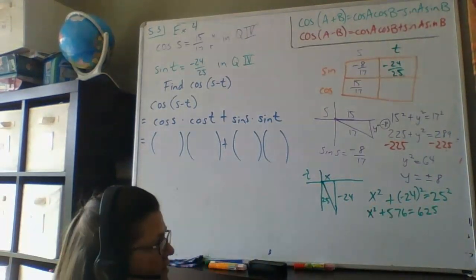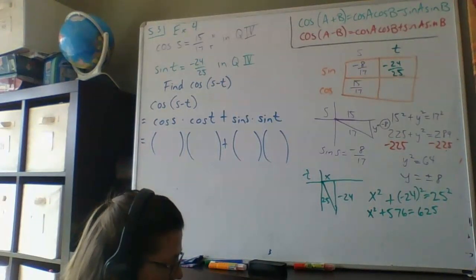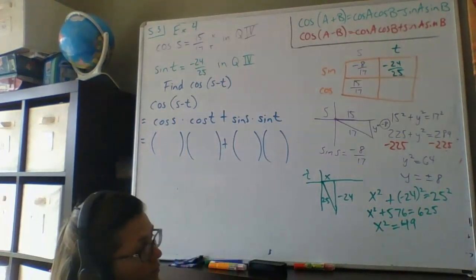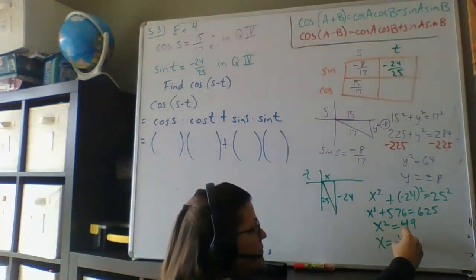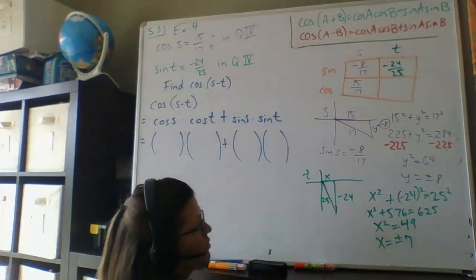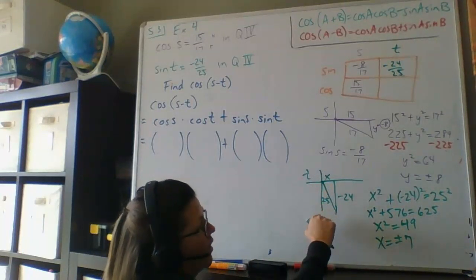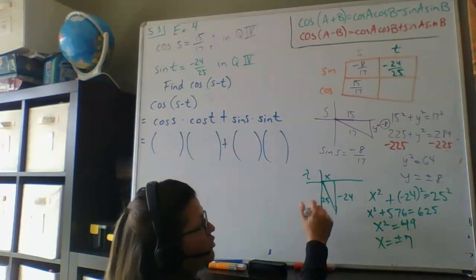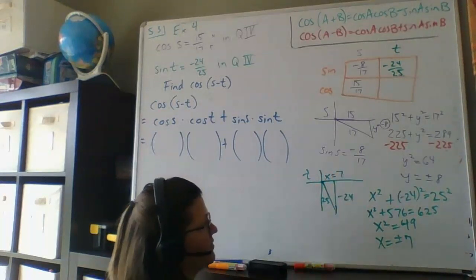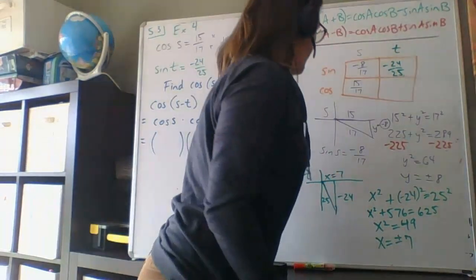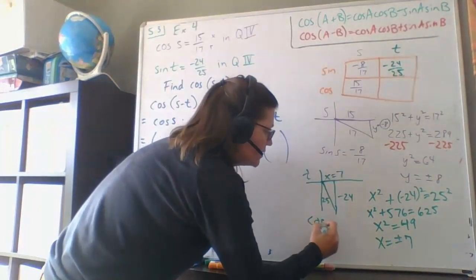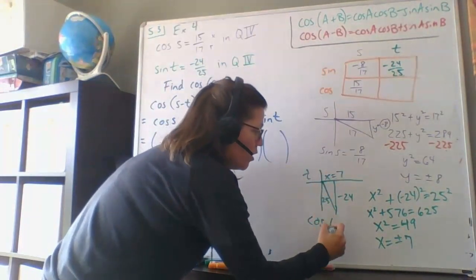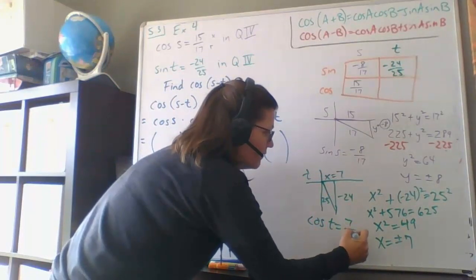Now we subtract 576 from both sides. So we get x squared equals 49. We do the square root of both sides. Don't forget the plus or minus. So now because we are in the fourth quadrant, the x value is actually positive. So we get a +7 for x. Therefore, when we find cosine of T, it's going to be x over r, or 7/25.